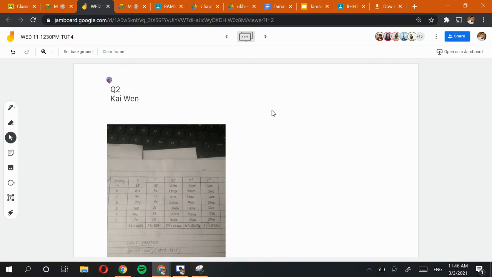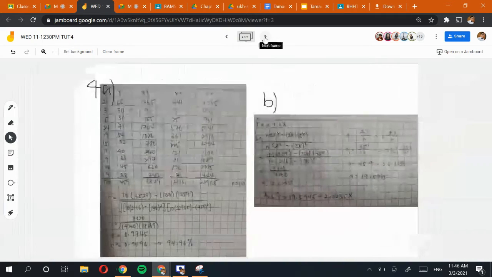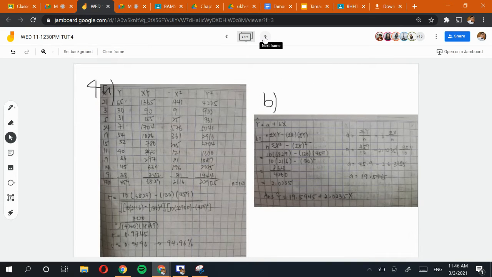Miss, actually Jamboard can crop the photos, cannot? I straight away snap the whole pages. Oh, crop I think cannot. You use the snipping tool, then only can crop I think.